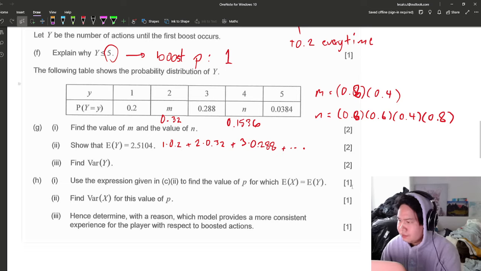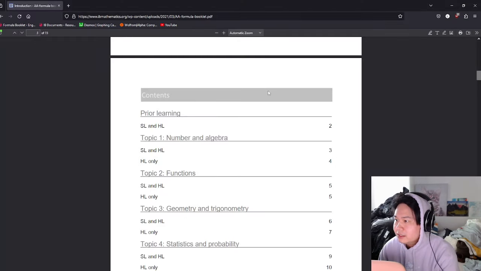There's a formula for variance related to the expected value. Let me see if I can find it here.